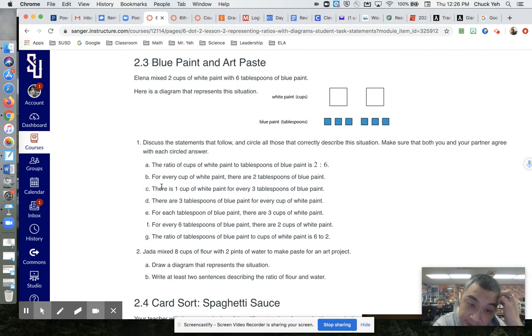So do you think that's correct? Do you think there's 2 cups of white paint for every 6 tablespoons of blue paint? I agree. So you're going to write that. You're going to write the whole thing A down in your notebook. Okay? There's 4 more out of the 6. Go ahead and pause it and see if you can figure it out yourself.